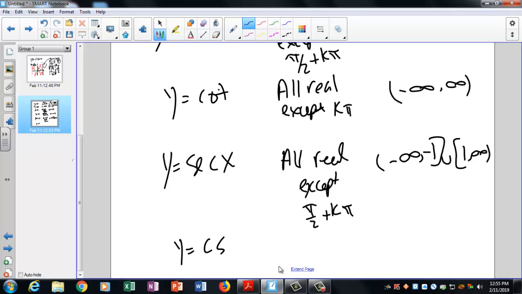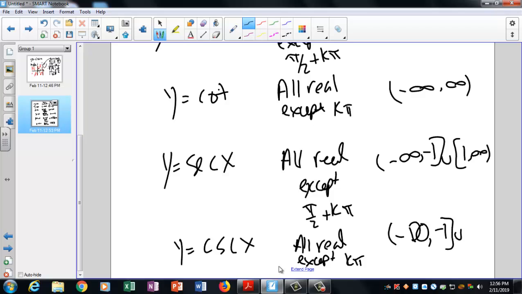And for cosecant, that's 1 over sine. That's all real except for k pi. And the range is negative infinity to negative 1, union 1 to infinity.